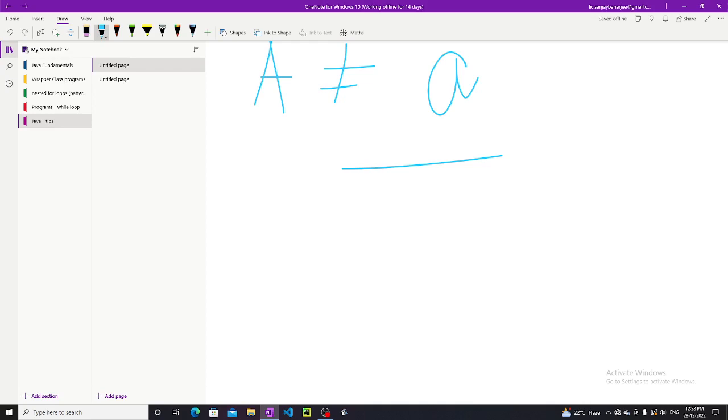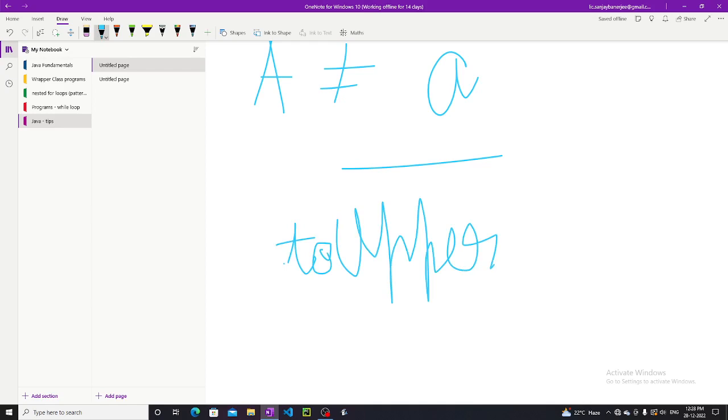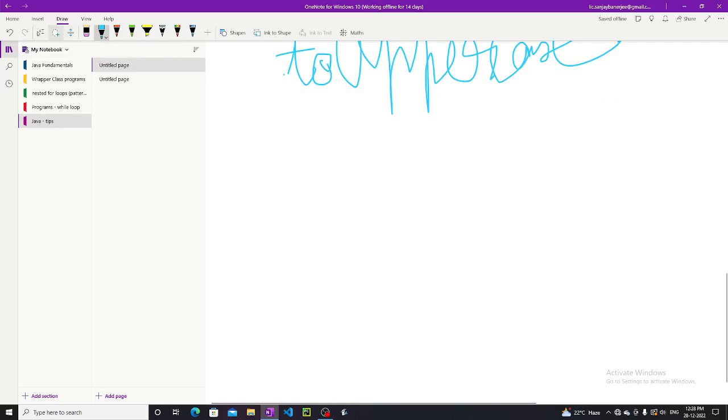For example, there is a function called dot toUpperCase with brackets open and close.